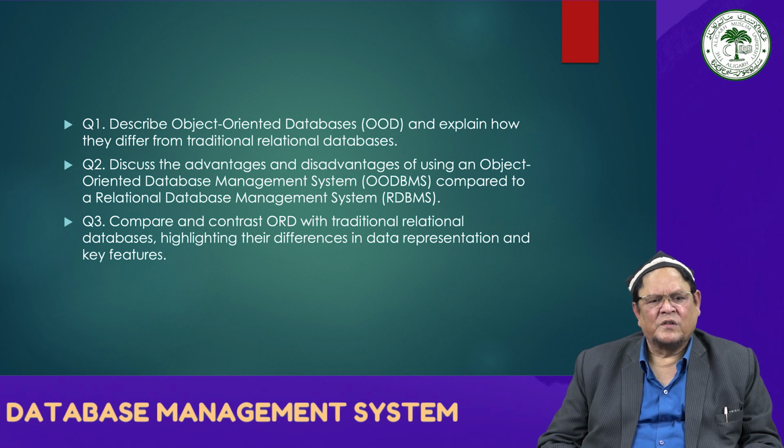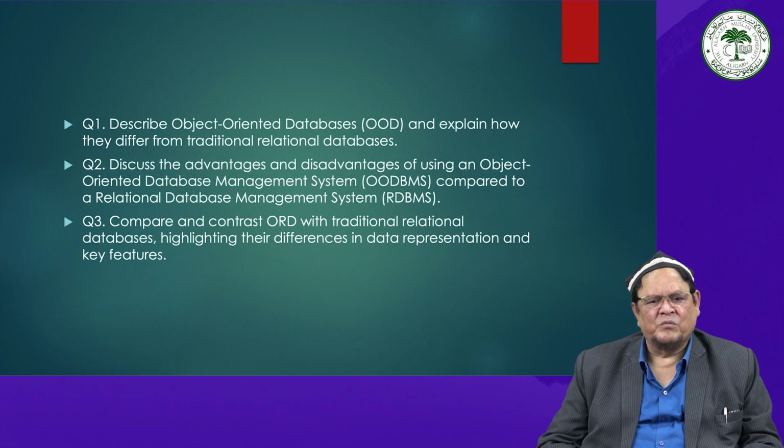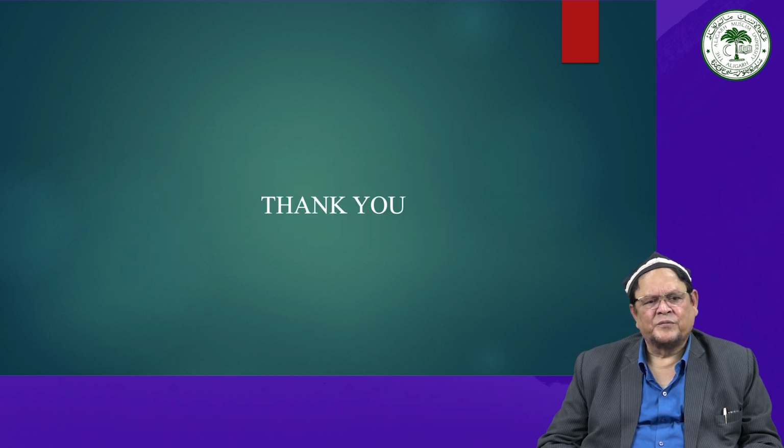The next question, discuss the advantages and disadvantages of using an object-oriented database management system compared to a relational database management system. Compare and contrast object-relational databases with traditional relational databases, highlighting their differences in data representation and key features.